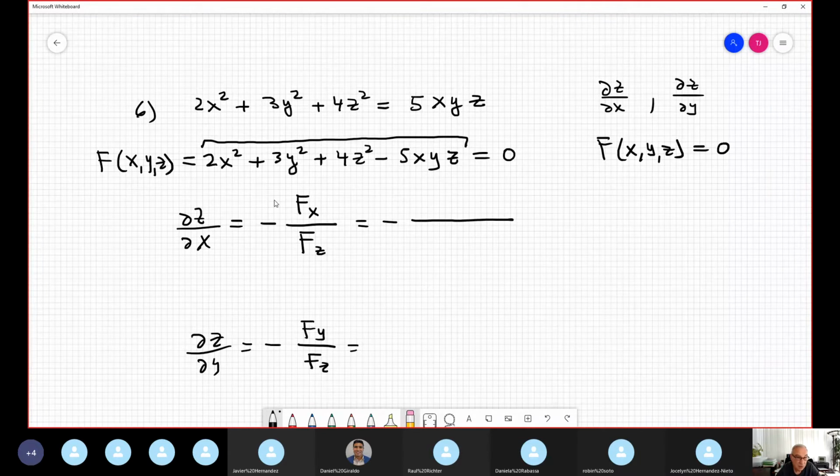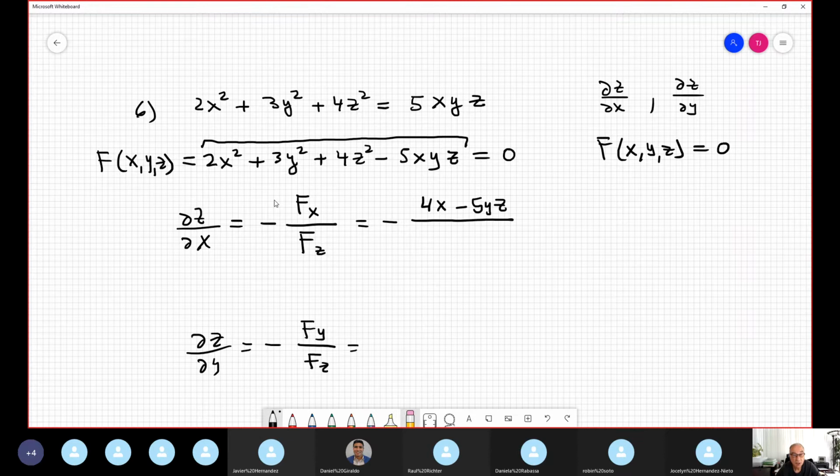So I can see the derivative of the first part is 4x. The derivative of the second part is 0, the derivative of the third part is 0, because you are doing differentiation with respect to x, no? And the derivative of the last part with respect to x is 5yz, and the derivative of x with respect to x is 1. So it's minus, no? It's minus 5yz.